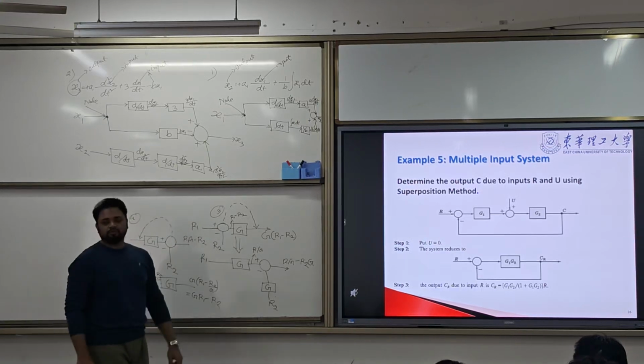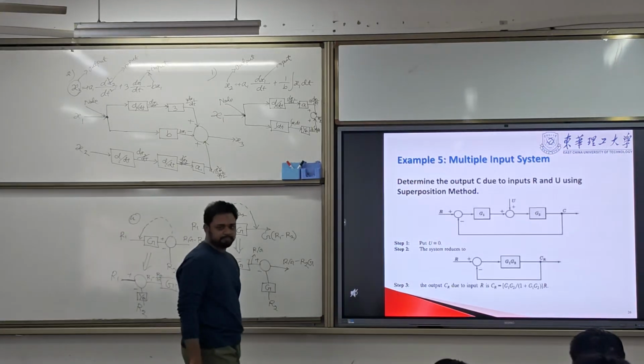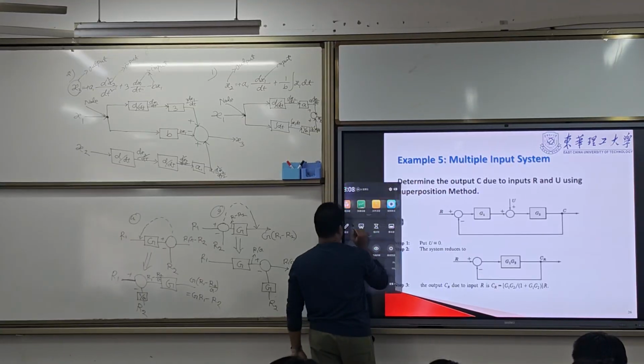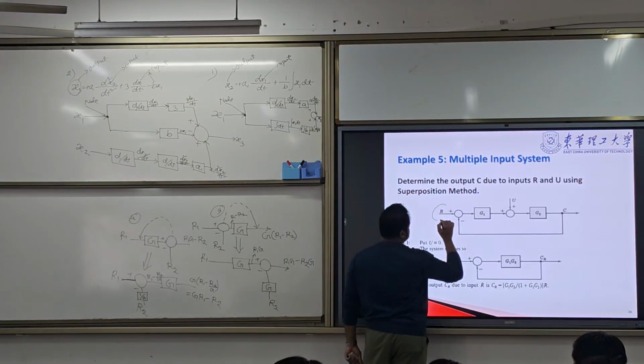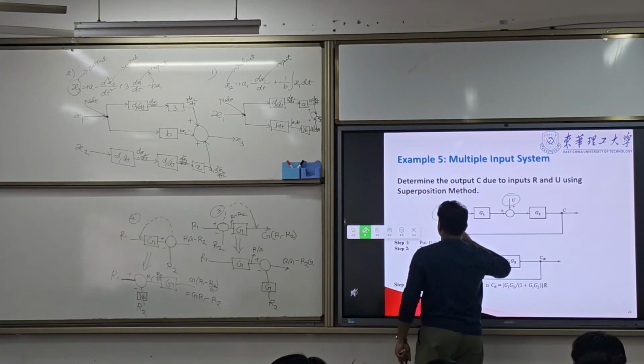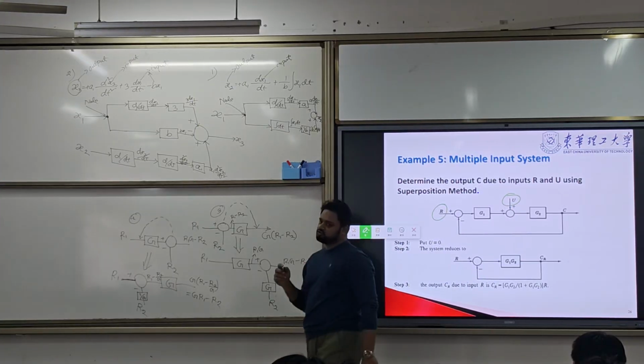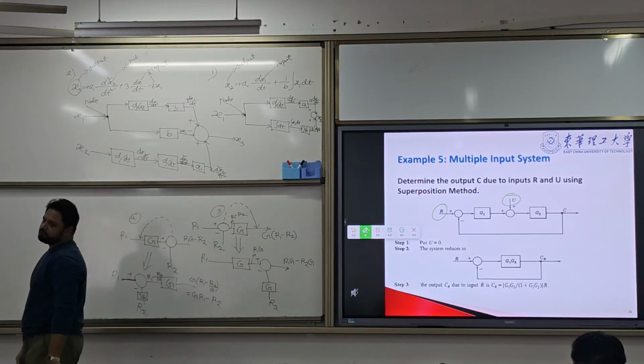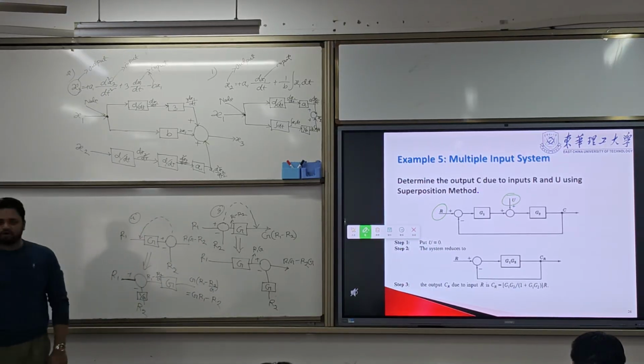Suppose in this system we have multiple inputs, and these inputs are, here we have one input R, another input U, two inputs. If there are two inputs, how can we reduce the block diagram?